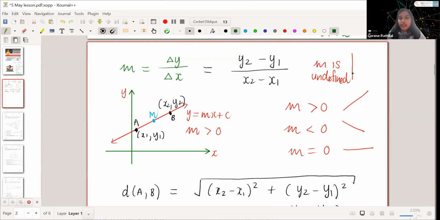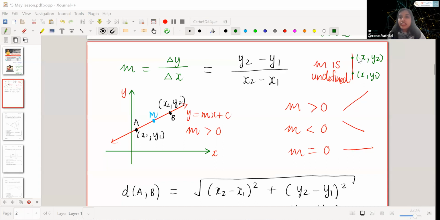So let's just say that was another coordinate and that was another coordinate. Because the line is vertical, it means that the x coordinates must be the same. Isn't that so? So we'll have some y1 coordinate there, but here the x coordinate is the same and a different y coordinate. So I see we've got some answers in the chat box. Right, and we see that division by 0 is not allowed. Perfect.